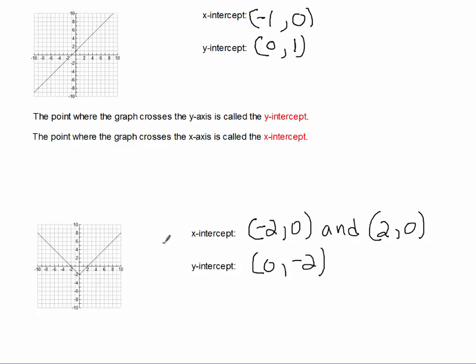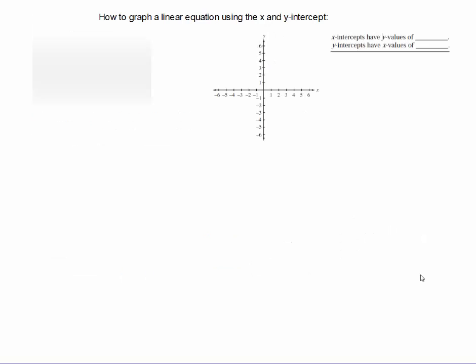Alright, so that's how we identify the x-intercepts and the y-intercepts if we have the graph. Now let's suppose I wanted to use these x and y-intercepts to graph a line. Let's consider what the coordinates should be.